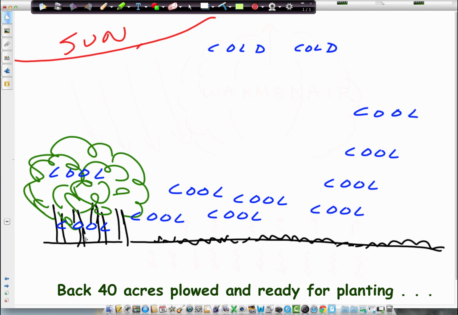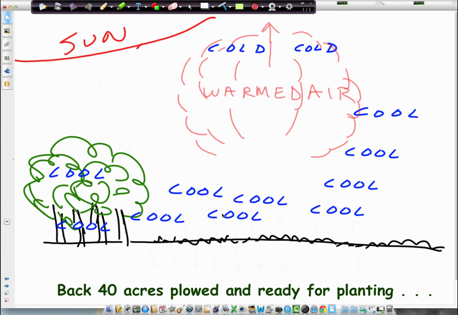But also this convection is caused by the cool air coming down and then moving sideways, moving horizontally along the ground as the warm air is rising up from the ground and out into the atmosphere, where the heat dissipates and all that air becomes cool again and then sinks back down to the earth, and this whole process goes over and over again. So this process is called convection.